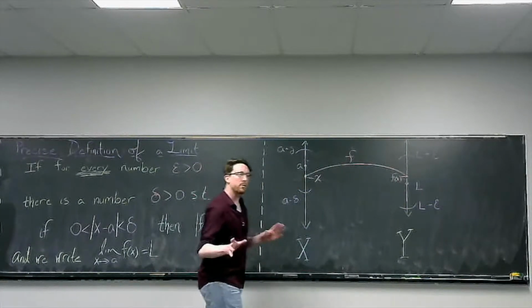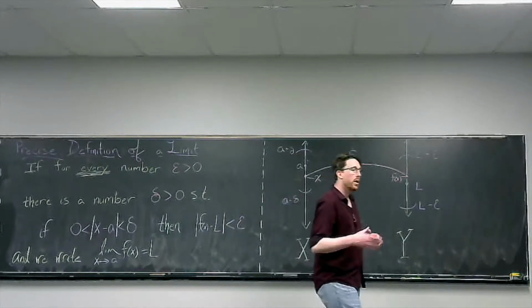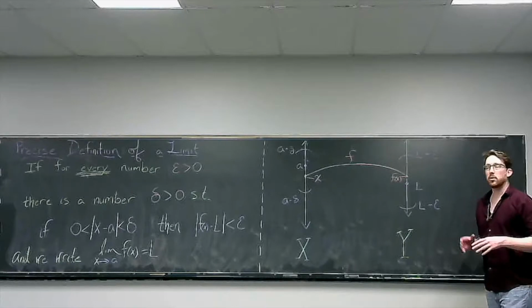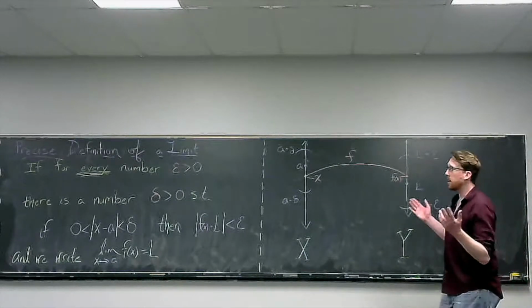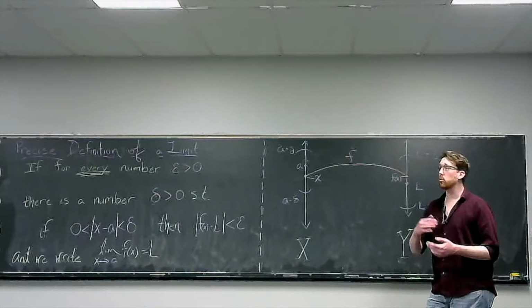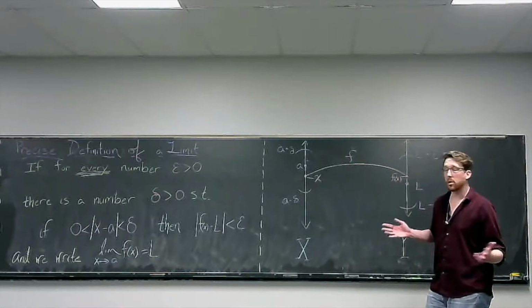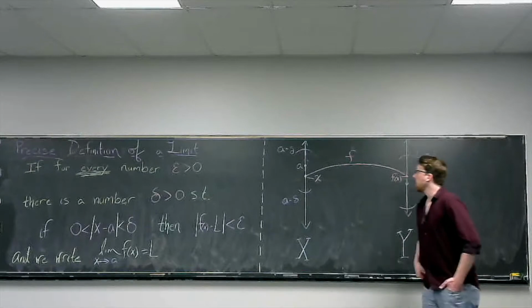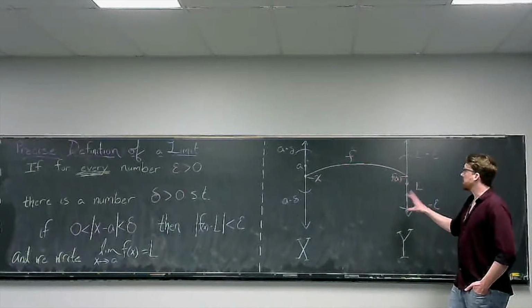So this is going to take some time to think about and understand, and I want you all to take the moment to yourselves. If it takes an hour, a day, it doesn't matter. But take some time to understand what this is actually saying, because this is really what the limit is doing.